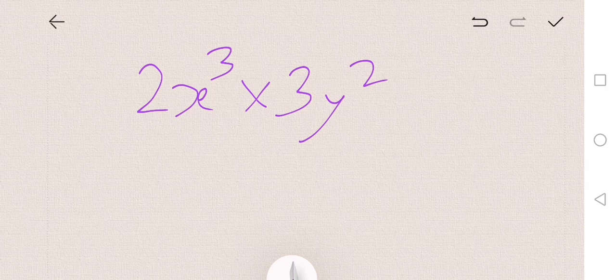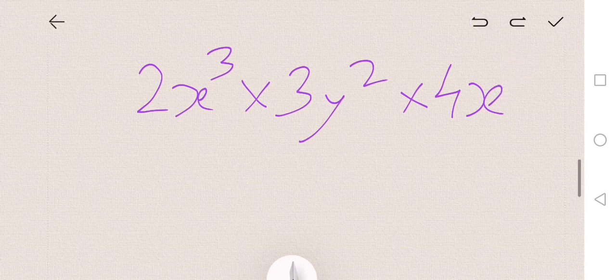Clear? Now if we get into a bit more, if we say 2x squared times 3y, so that's not squared, 3y squared times 4x to the power 3.